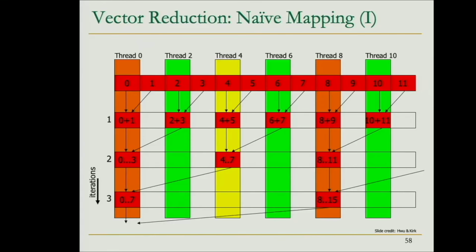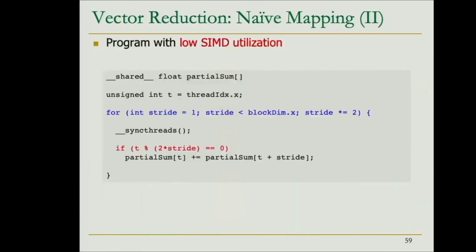In the next iteration, the stride is 8. So that's what I have in this code here: I start increasing the stride from 1 until block dimension. Don't really worry about the limit for the end of the for loop for this example. But the point is that the stride is being doubled in every iteration, right? So if you are the thread that you have to be, then you perform this partial reduction.